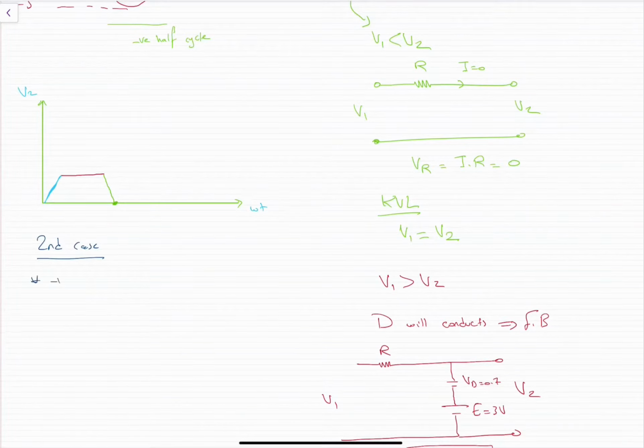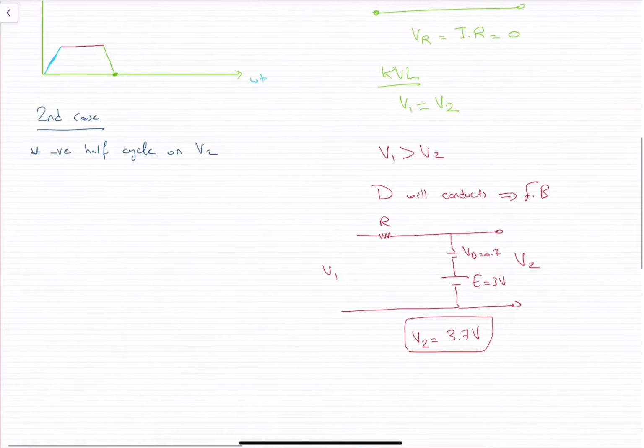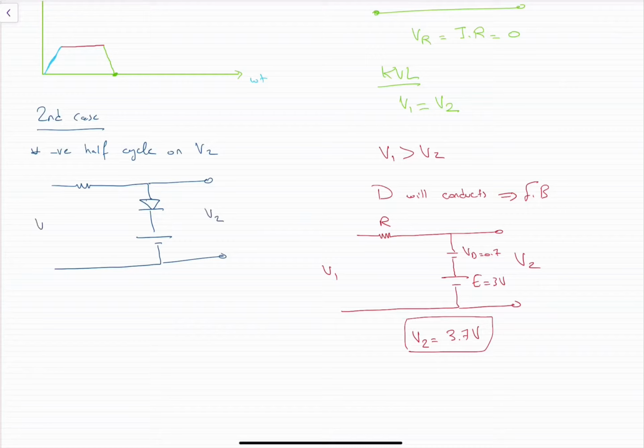The effect of negative half cycle on V2. Okay. I will redraw the circuit here. The negative half cycle of the input.